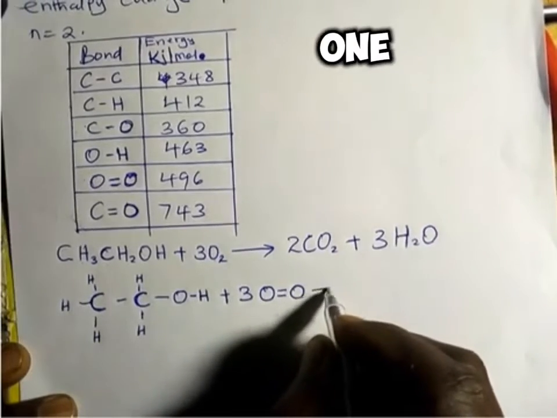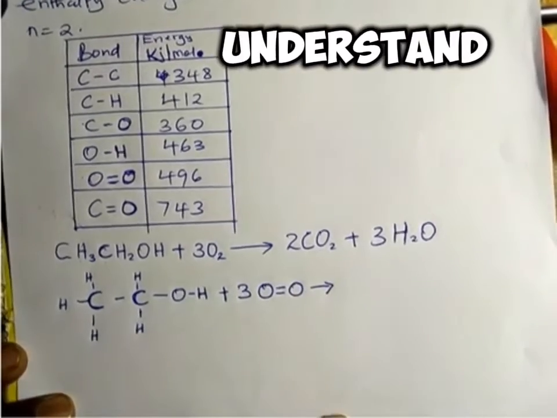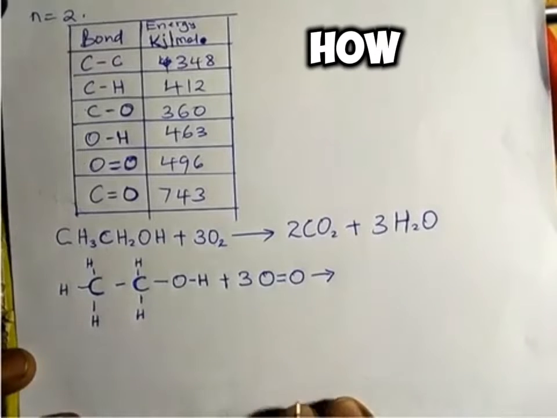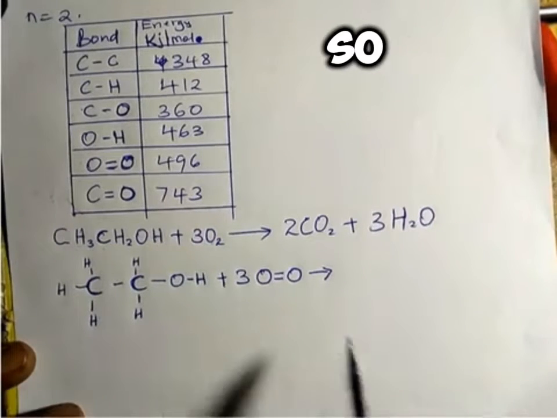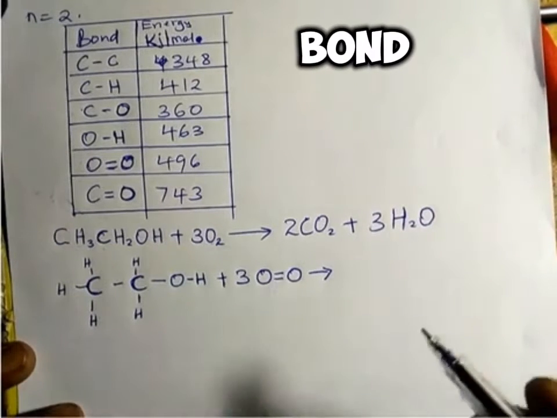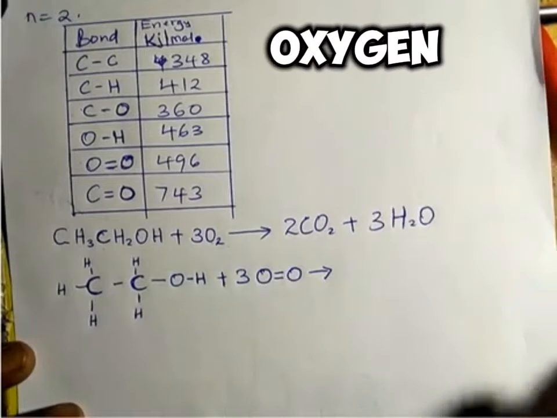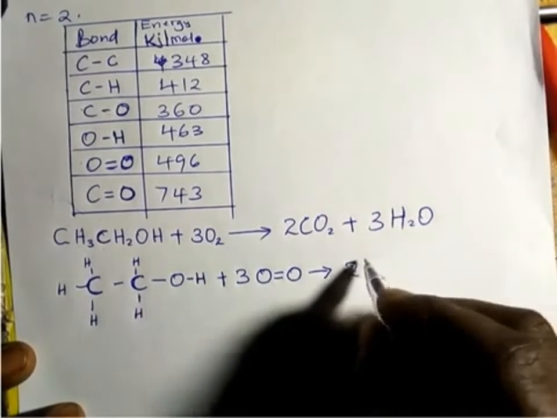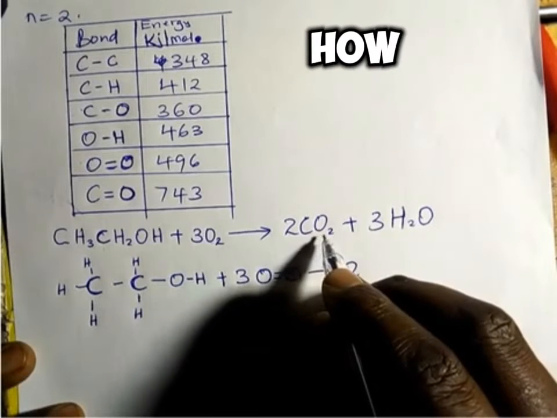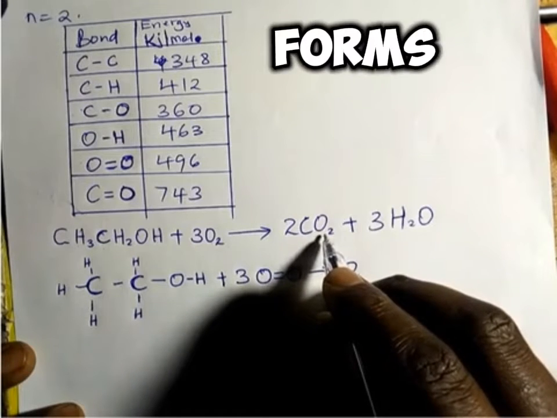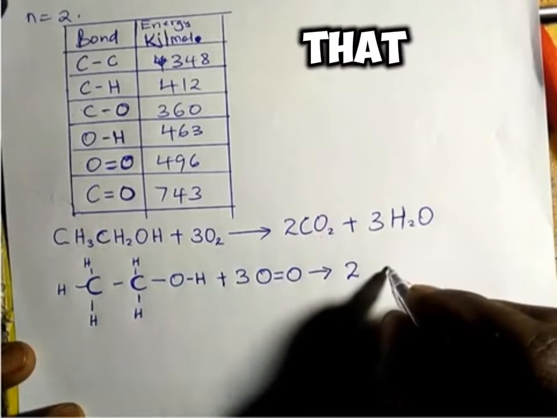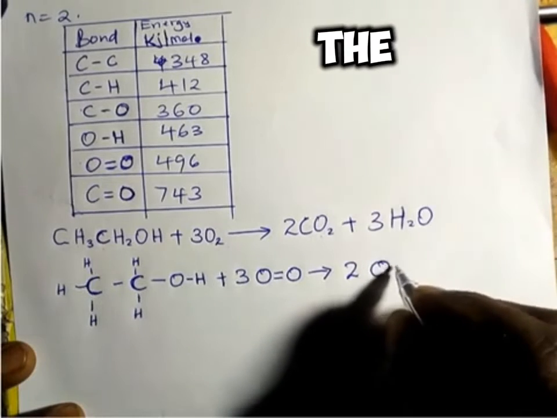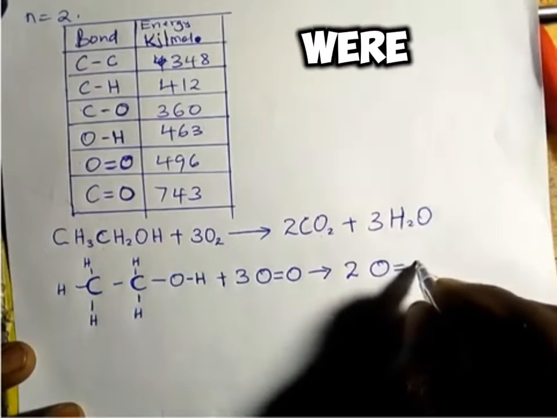This one needs you to understand very well how molecules bond. So this is a covalent bond between oxygen and oxygen. Next we are going to have 2 carbon dioxide. Then you also need to know how carbon dioxide forms the bonds. That was the problem the students were facing.